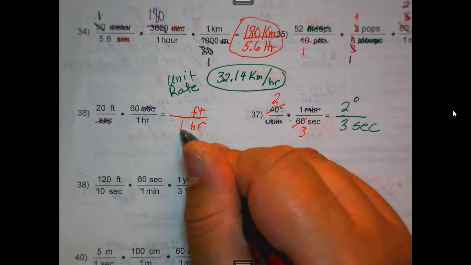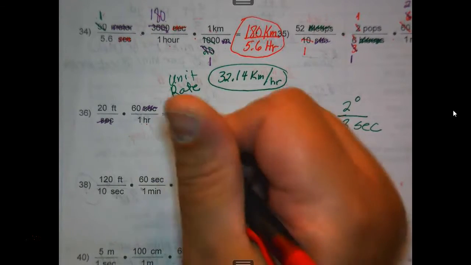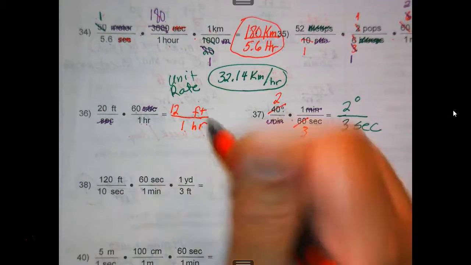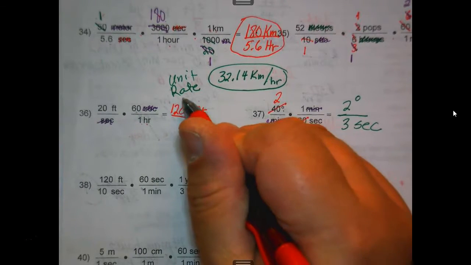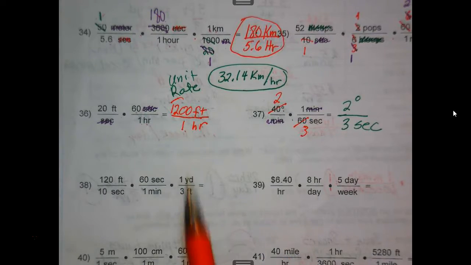So you could either put the 1 there or leave it out, doesn't matter. And 20 times 60, well, 2 times 6 is 12, and I have 2 zeros. 1,200 feet per hour. Take 20 times 60. You should get 1,200.